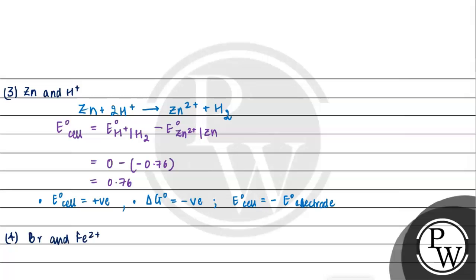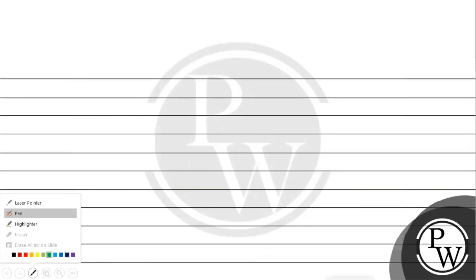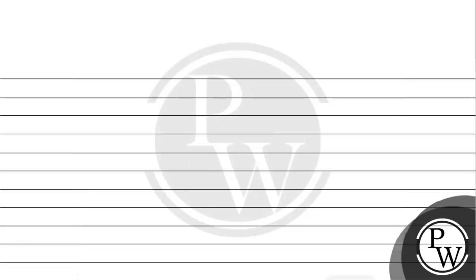So the reaction involved in this is half Br2 plus Fe2+ gives Fe3+ plus Br-. तो यहाँ पे ये reaction हो रहा है.